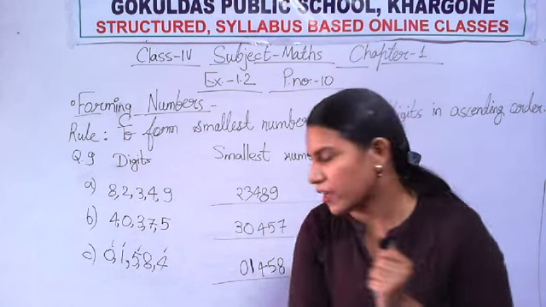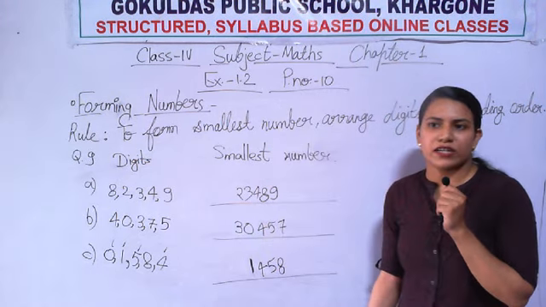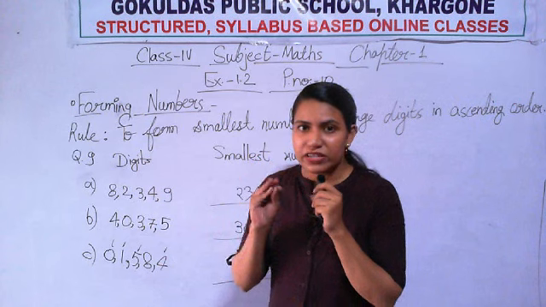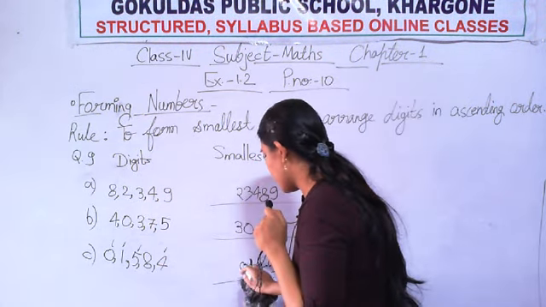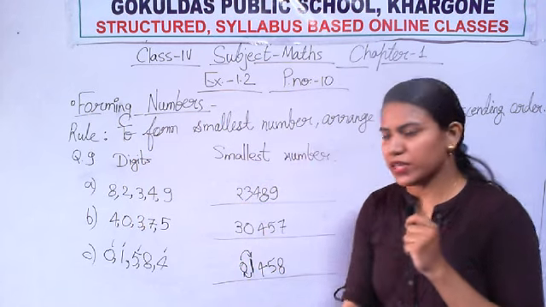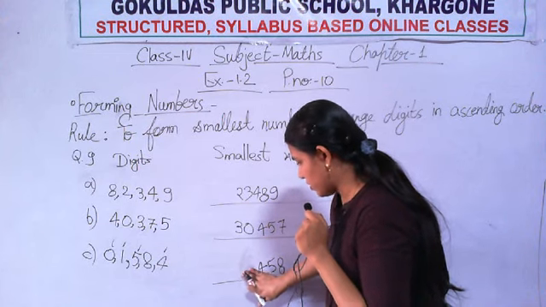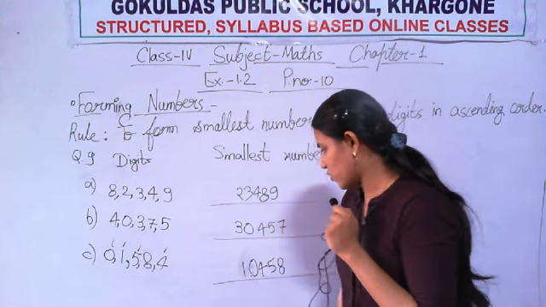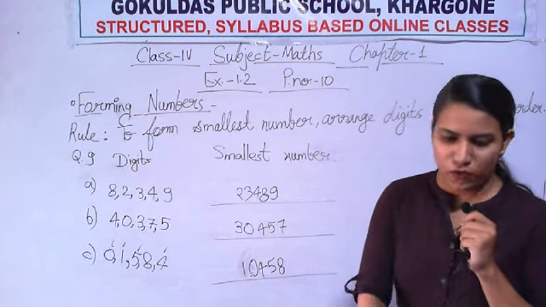So if I ignore the 0 from here, it is only a 1, 2, 3 and 4 digit number, but we want to make a 5 digit number. So for that, what do we do? We replace this 0 by this place. Means we will write 1 over here and 0 in the second position. So 1 here and 0 here. Now it is correct. Okay.